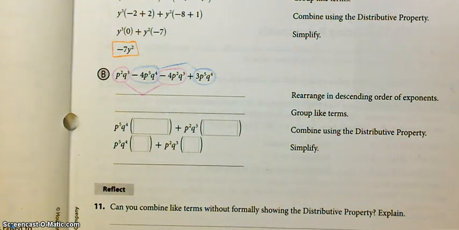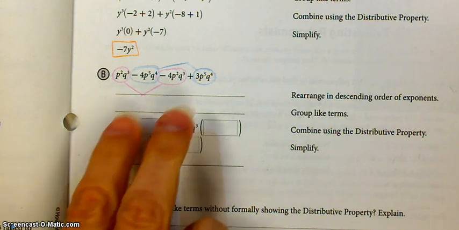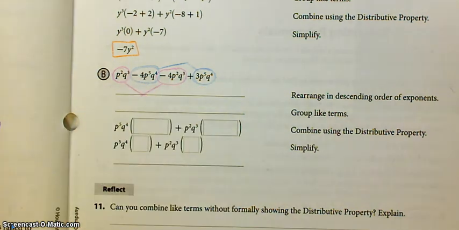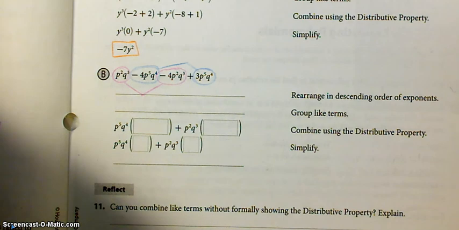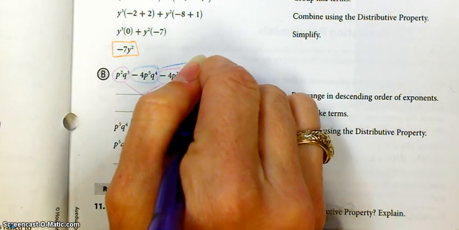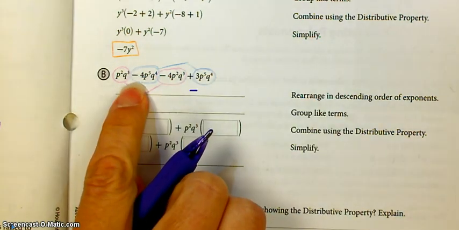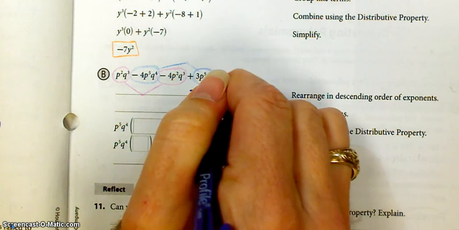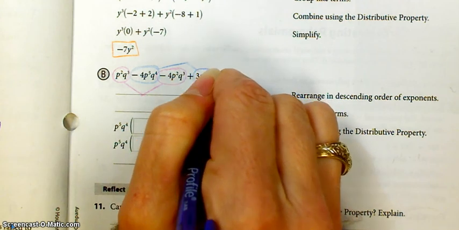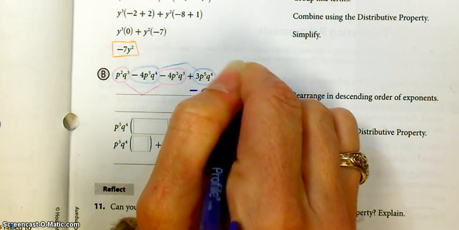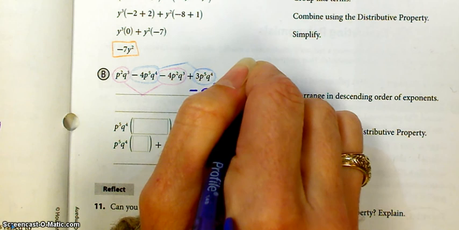Those are like terms. Okay, so we are going to wind up having a negative 4 plus 3, that's going to be a negative 1 p to the fifth q to the fourth.